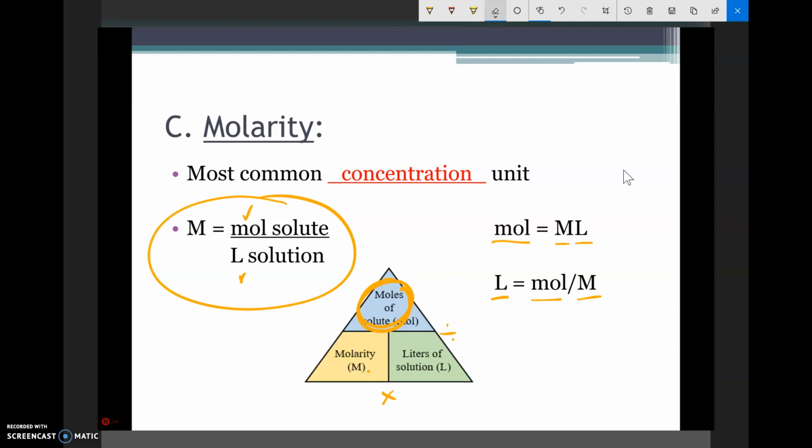Or if you were going to try to solve for liters, you would cover up the liters and you would see that it would be moles divided by molarity. This is just kind of a fun way to remember if you don't enjoy the math aspect.